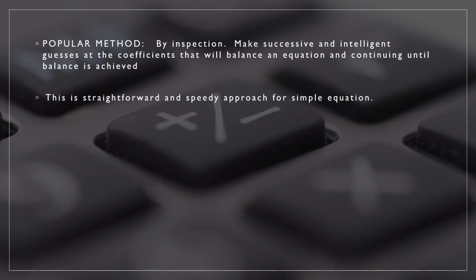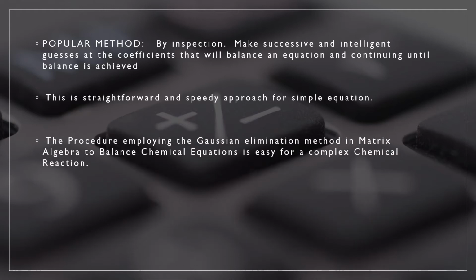This is straightforward and speedy if the equation is simple. But if the equation is a little complicated, then the procedure we are going to see here, employing the Gaussian elimination method in matrix algebra, will be an easy method to balance the chemical equation.